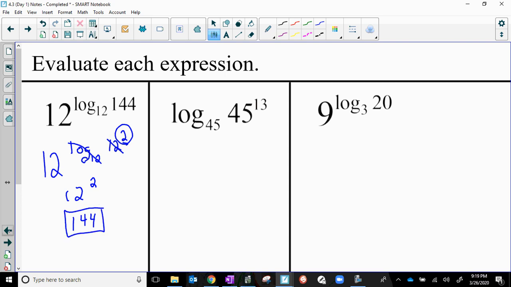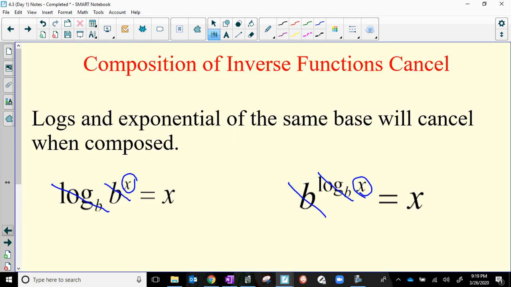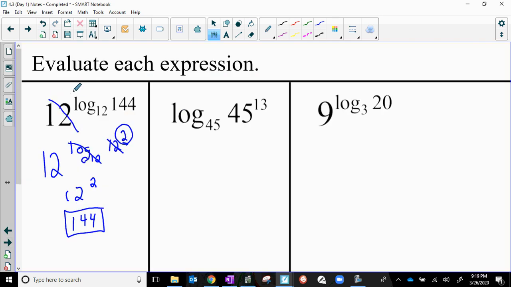If you learn the rule on the previous slide and remember that composition of inverses cancels out, we go, oh, same base, gone. It's just 144. So why don't we use that concept here? We got log base 45 of 45 raised to the 13th power, so it's just 13.